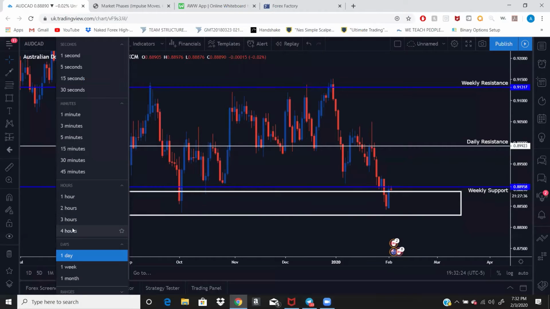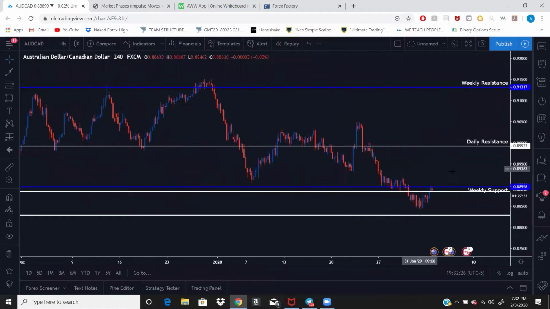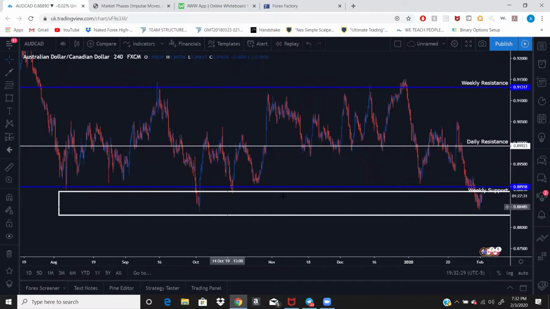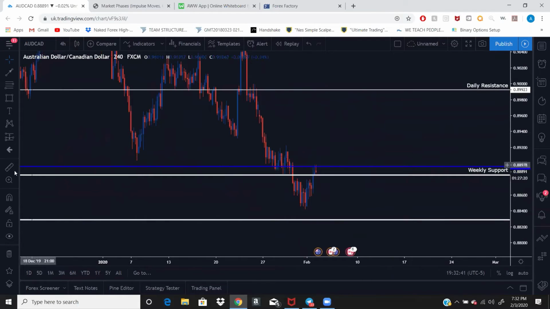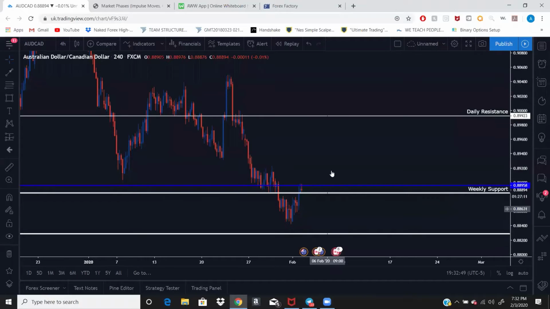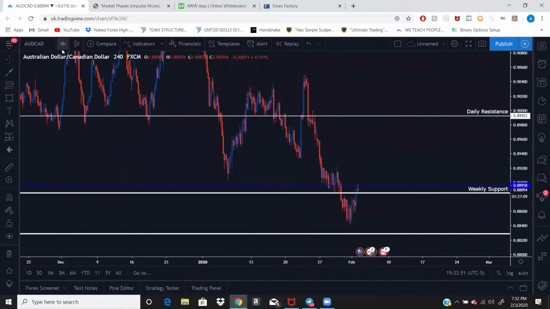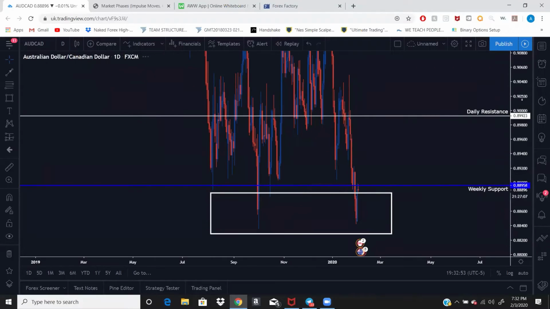Might take a few days, but I'm pretty sure that will happen because all it did, it came back and made this equal low, like historical low for this pair as well, and demand zone, and from there it already reversed 46 pips. So I do expect this to continue back up, AUD CAD.